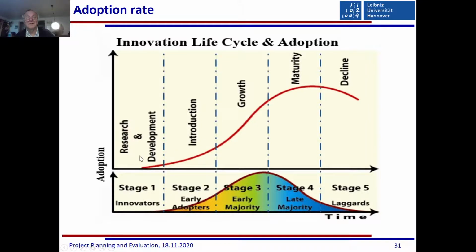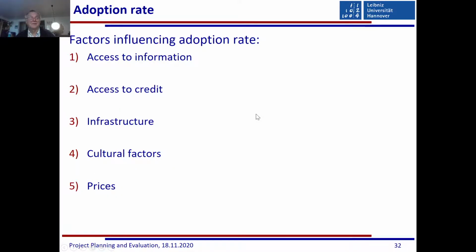If the curve goes up slowly, I would have to wait a long time before some new technology, some new crop, could be adopted. Below here you have the stages again. You will see when you do the spreadsheet how this plays into your results.